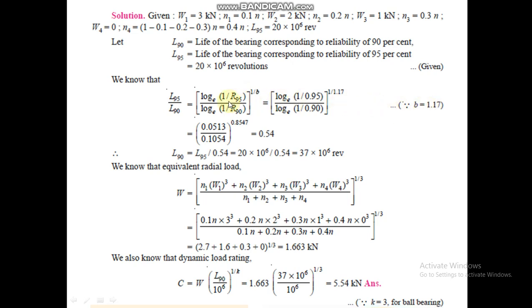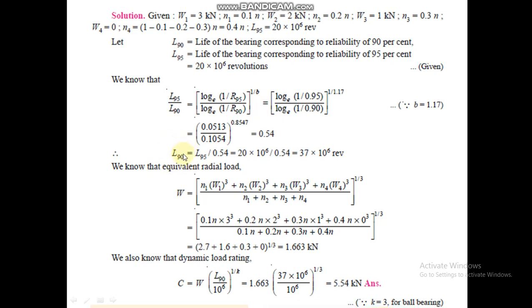We put the value of R95, that is 0.95, and R90, that is 0.90, and calculate the ratio L95 by L90. Since L95 is given as 20 into 10 raised to power 6 revolutions, we can calculate L90, that is 37 into 10 raised to power 6 revolutions. So we have calculated the life of the bearing corresponding to 90% reliability.